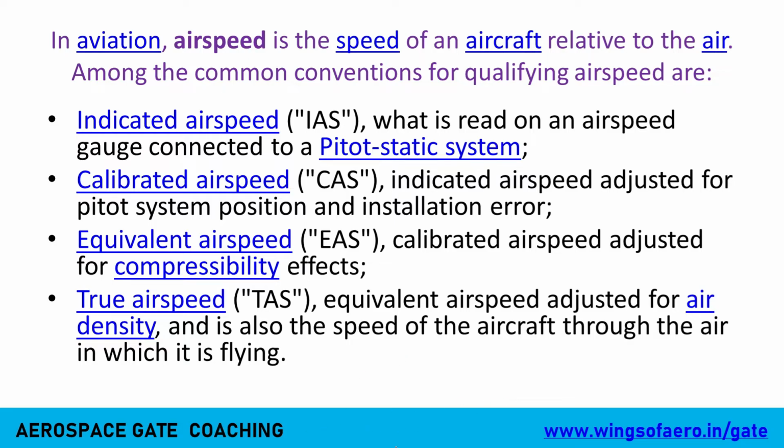Now coming to the very significant point: how you can remember this easily. You should have some clue to remember, because for airspeed we have indicated, calibrated, equivalent and true. Which comes after what? How will you remember that? That sequence is very important.